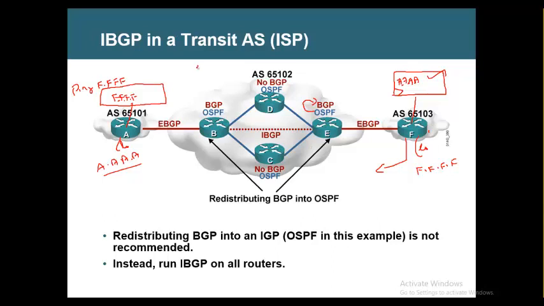The attributes that were set by A are gone when it is received on E. Likewise, the attributes that are set on F are removed when you redistribute from OSPF to BGP.